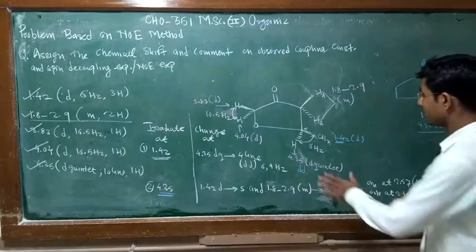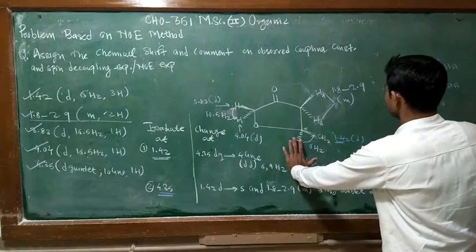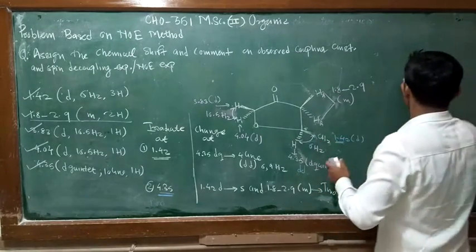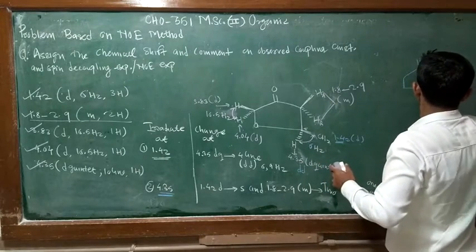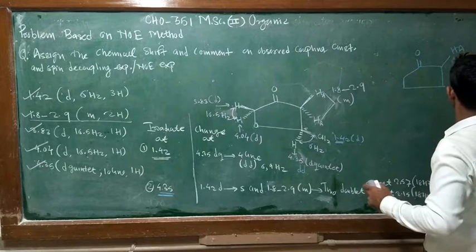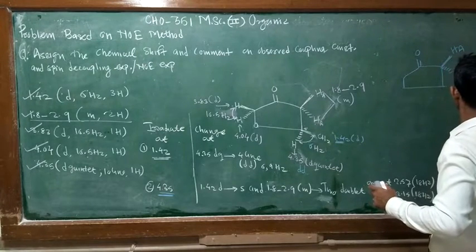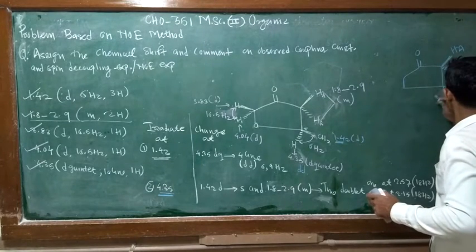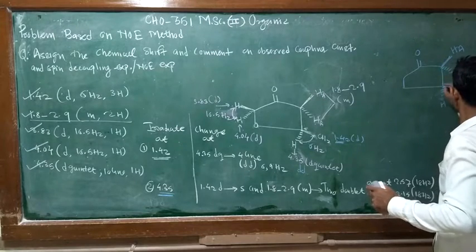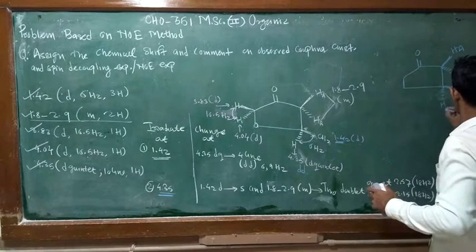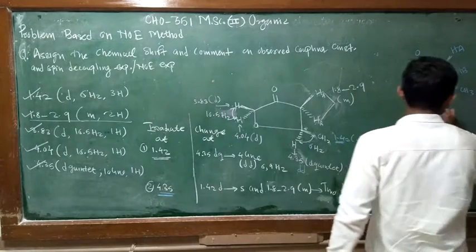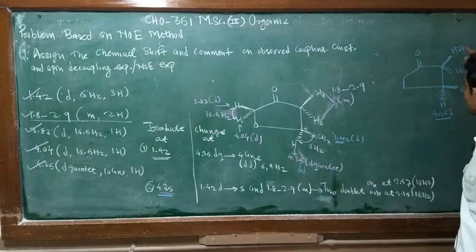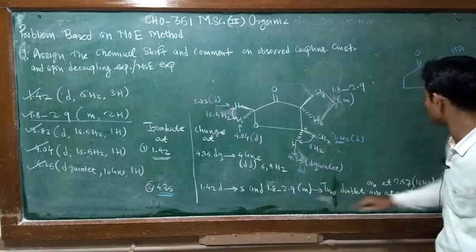Means after irradiation at 4.35, these two protons, HA and HB particularly, which showed the multiplet, are changed into 2 doublets.